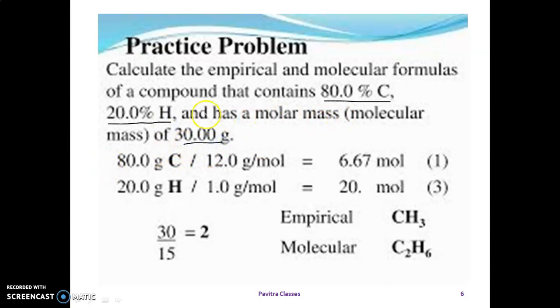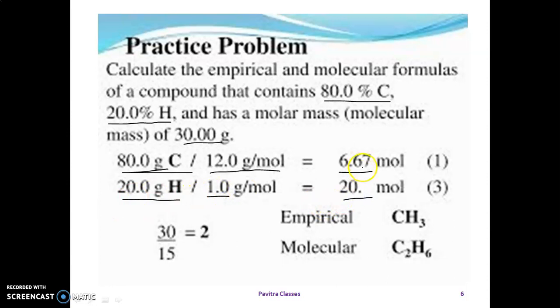So here you take 80% carbon. First, you write 80% carbon as 80 grams of carbon, and the carbon atomic mass is 12 grams. So 80 by 12 you will get 6.67. For hydrogen 20, the atomic mass is 1, so 20 by 1 is 20.